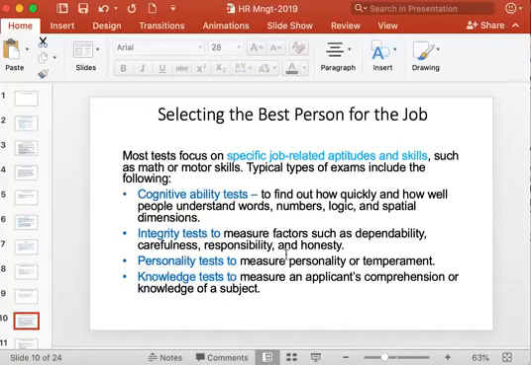Integrity tests are used to measure factors such as dependability, carefulness, responsibility, honesty, etc. Personality test can be used to measure personality or temperament of applicants. Knowledge tests can be used to measure applicants' comprehension or knowledge of a particular subject.